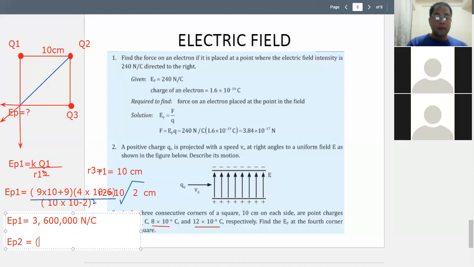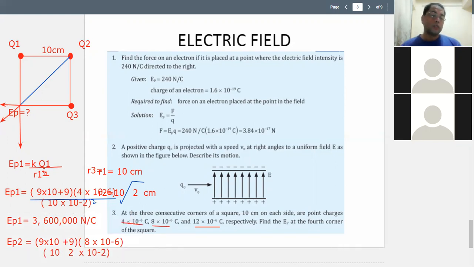So, that's 9 times 10 to the positive 9, then 8 times 10 to the minus 6. Okay, then we divide this by the value there, 10 square root of 2 times 10 to the minus 2, squared.